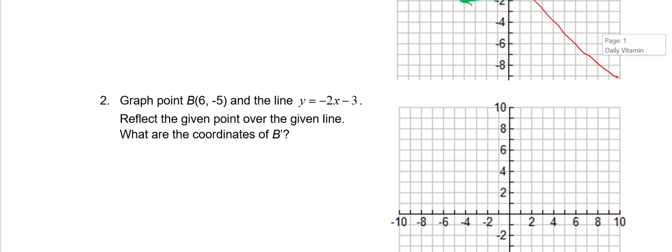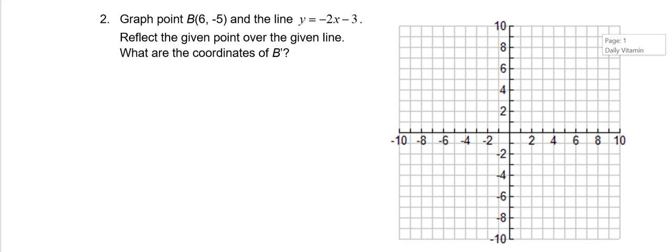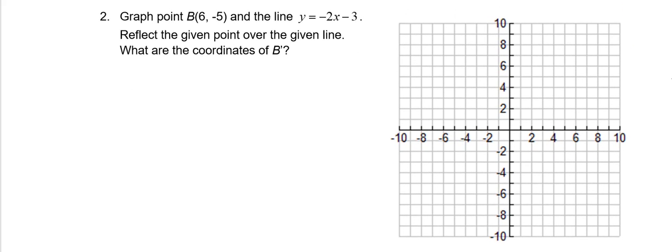Okay. This next problem is the same type of thing. It works out really nicely. So let's do some graphing here. I have the line y equals -2x minus 3. So I know it goes through the y-intercept at -3.